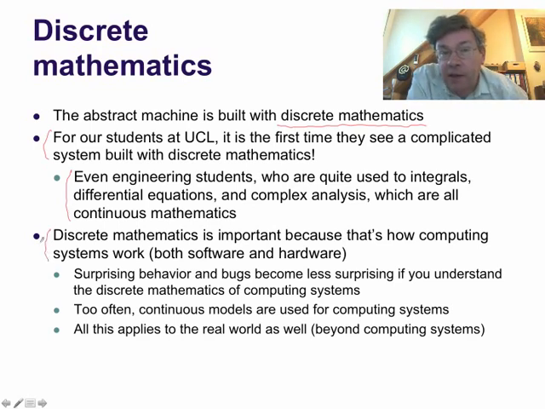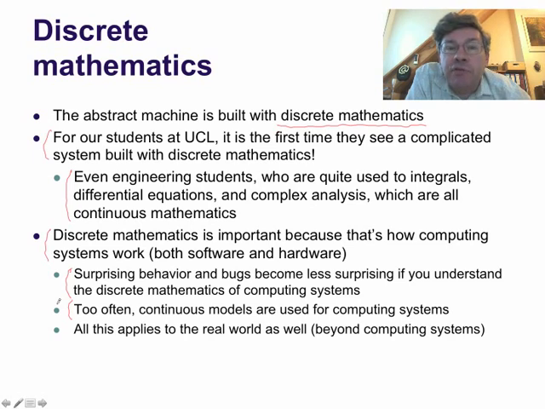Discrete mathematics is very important. That's how computing systems work. They are discrete, both the software and the hardware. And if you understand that, surprising behavior and bugs become less surprising if you understand the kinds of problems that can occur in such systems built with discrete mathematics. And unfortunately, too often, continuous models are used for computing systems.